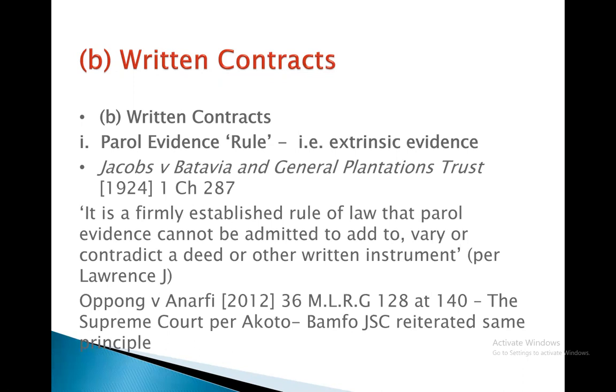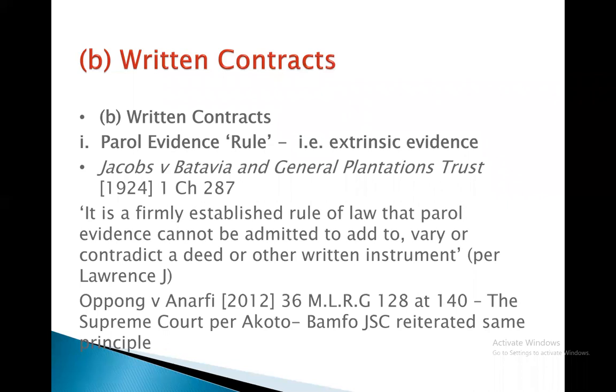By the parol evidence rule, we are simply saying that where the contract has been reduced into writing, then the written contract will be considered as the entire contract, and everything which forms part of the contract must be located within the four corners of that written contract.